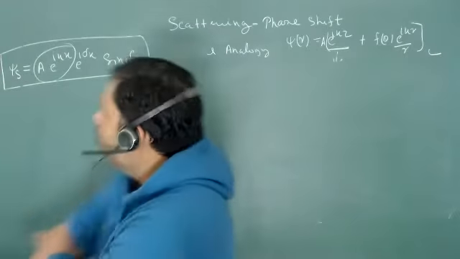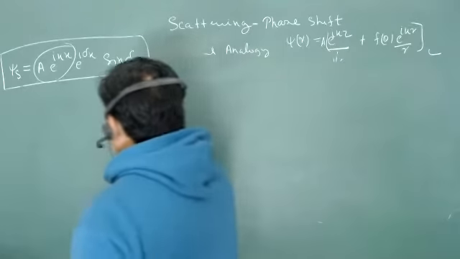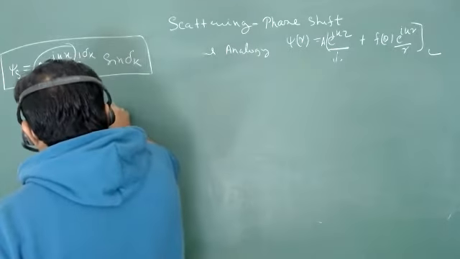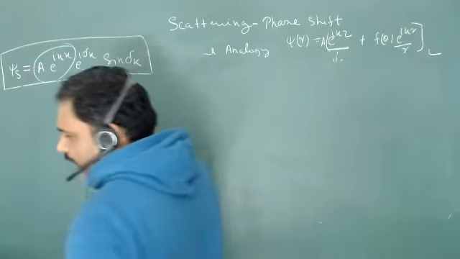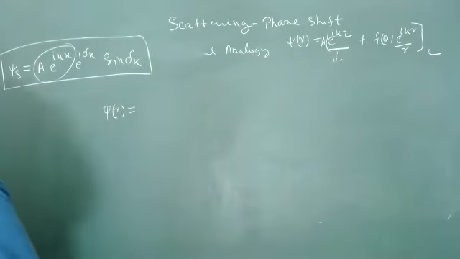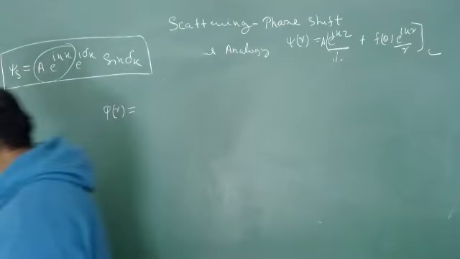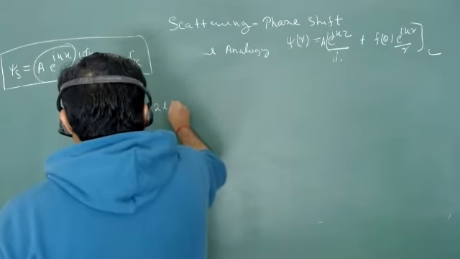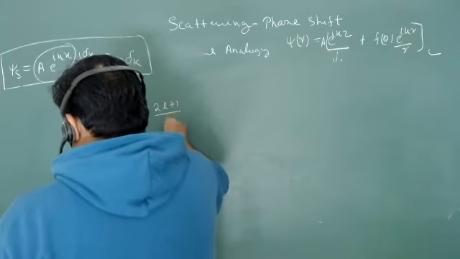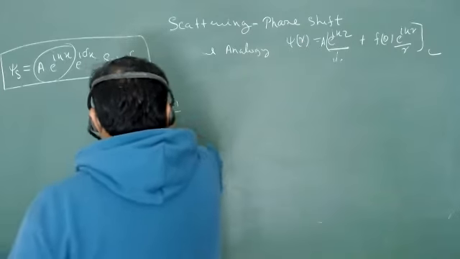So what we have incoming, phi r instead of phi x, and this value is basically 2l plus 1 pi kr, sorry, 2i kr.